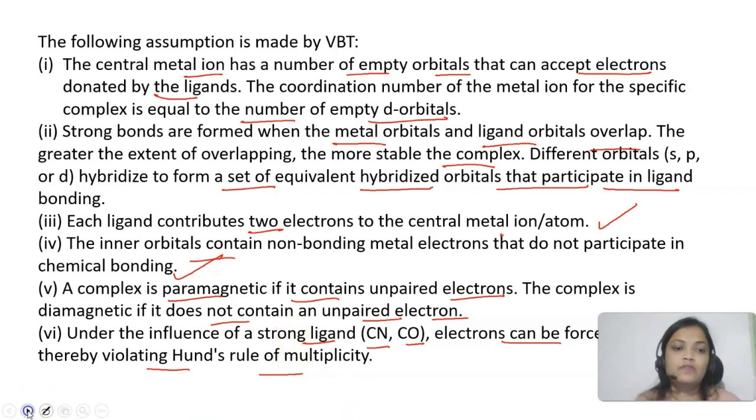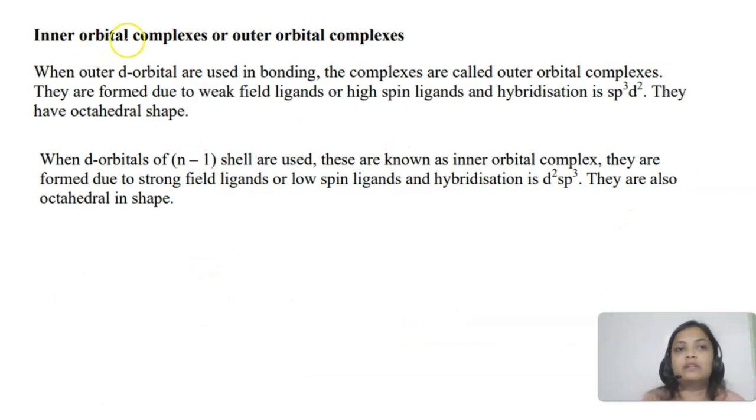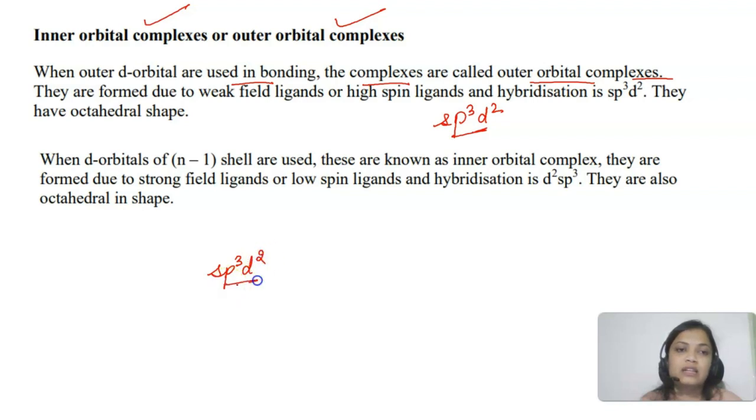All right, so we will be discussing inner orbital and outer orbital complexes. So what happens is when outer d orbitals are used in bonding, we call it an outer orbital complex. जैसे हमने देखा in octahedral, if sp3d2 is there, okay, so we will be calling it an outer orbital complex.